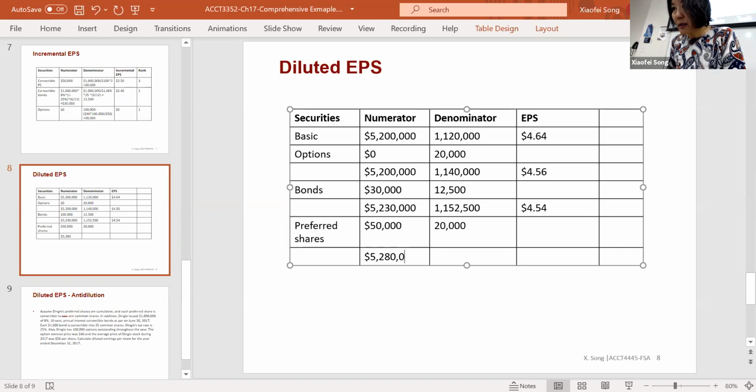And the denominator will be 1,172,500. And the earning per share is 4.50. So diluted earning per share will be 4.50. So every single one of them is dilutive.